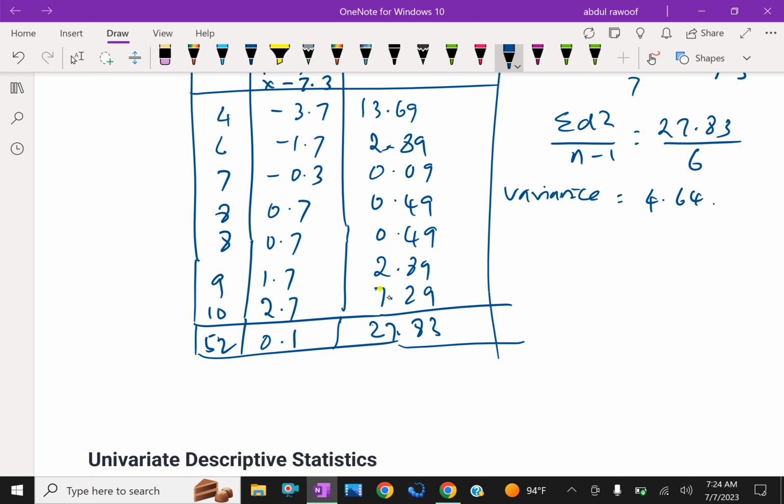Then the standard deviation is the square root of this, the square root of 4.64, which equals 2.154. This is the standard deviation.